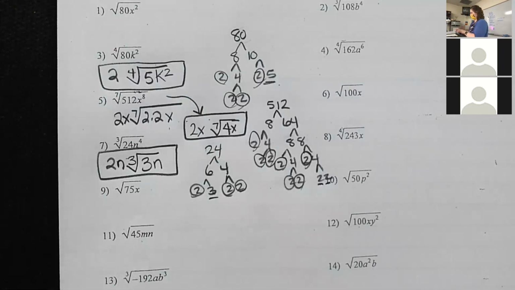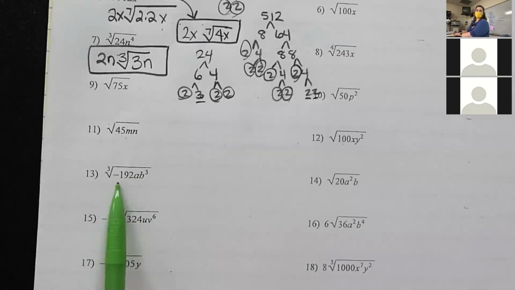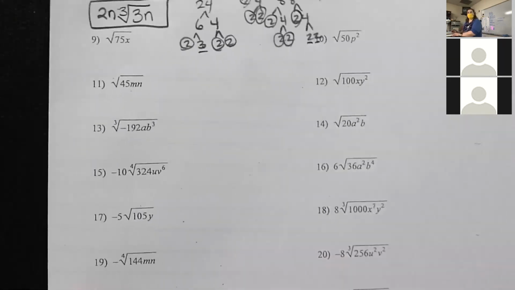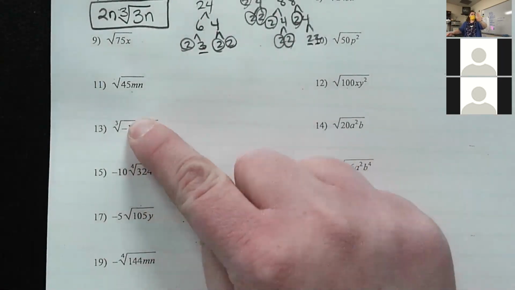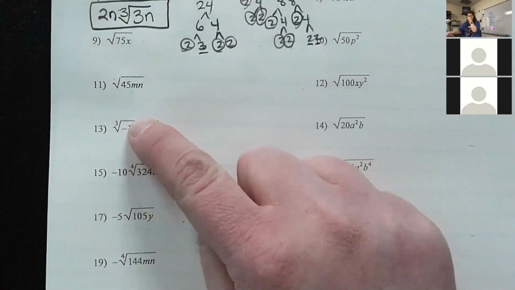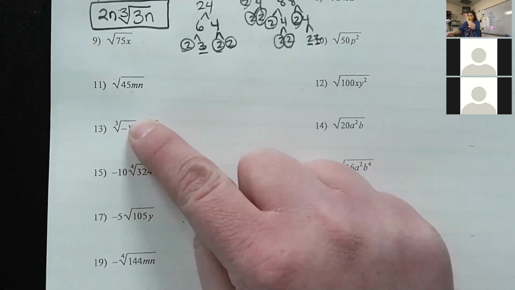Oh, and then the other thing, let's just talk about this real quick. Woo, on 13. This one always makes everyone nervous because that negative's on the inside. But if you think about just the negative in general, because that's an odd root, you can have a negative in that root. You can say a -1 times a -1 times a -1 is -1.